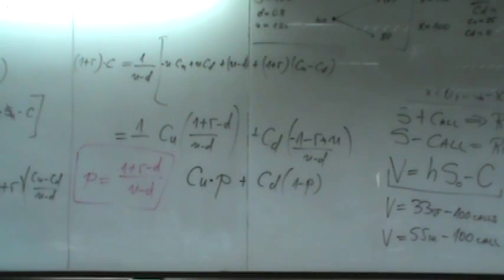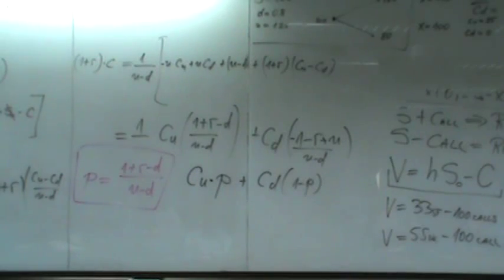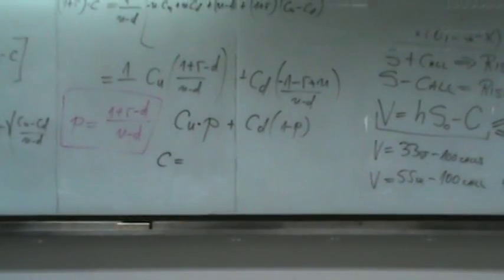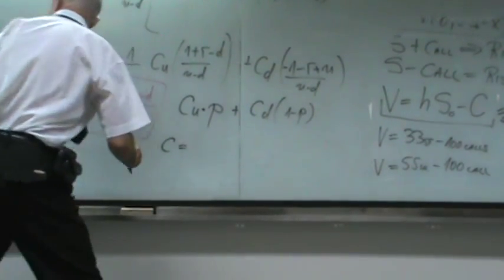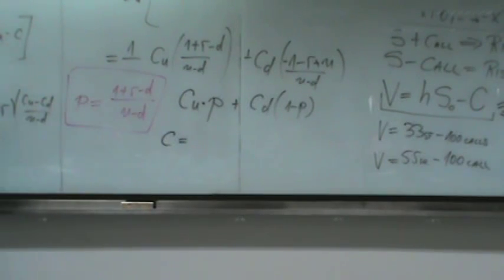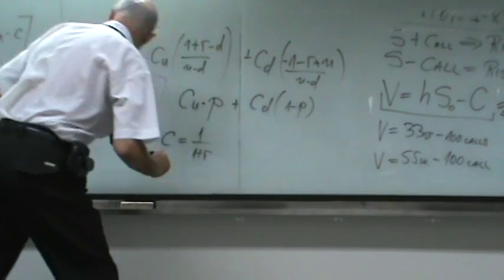So finally, we get to interpret a little bit what's going on. What's going on is that the value of the call will be here's 1 plus R. So I take 1 over 1 plus R, okay?